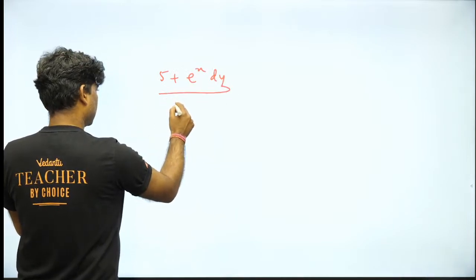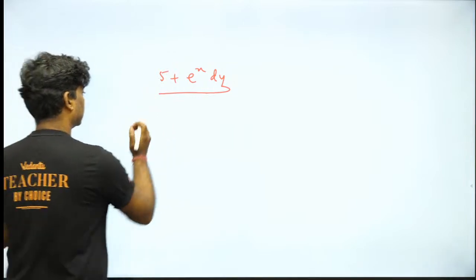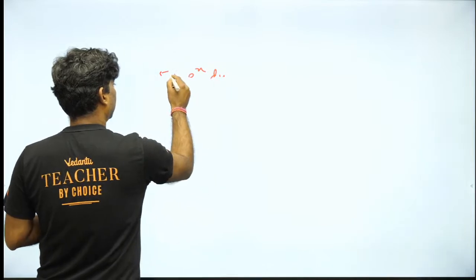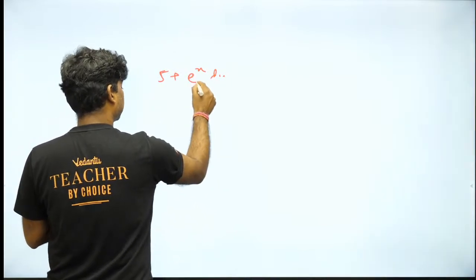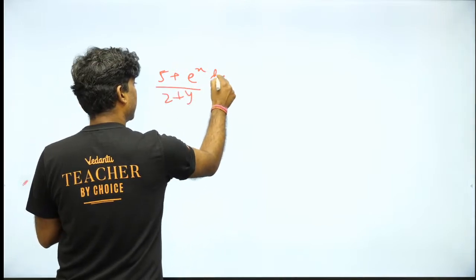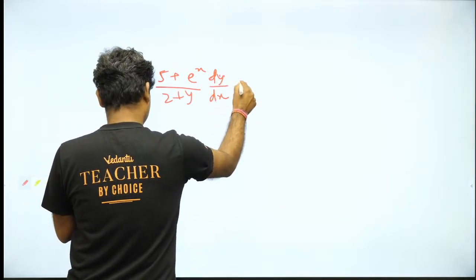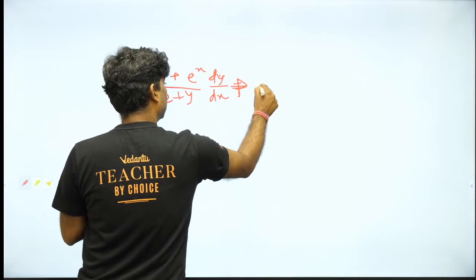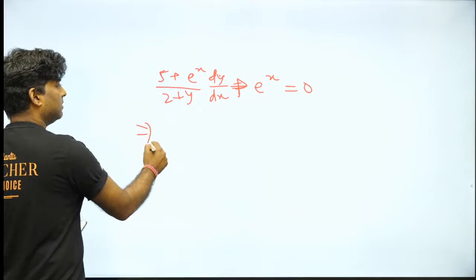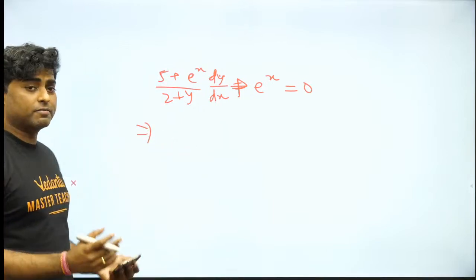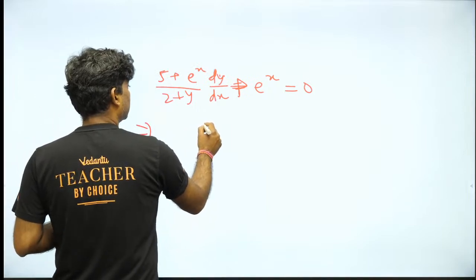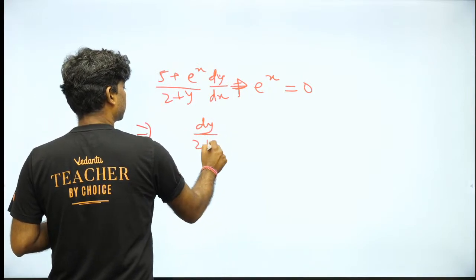Yeah, students. See, another problem, a differential equation, very simple. If you can remember, it was (5 plus e raised to the power x) upon (2 plus y) dy by dx plus e raised to the power x is equal to 0.